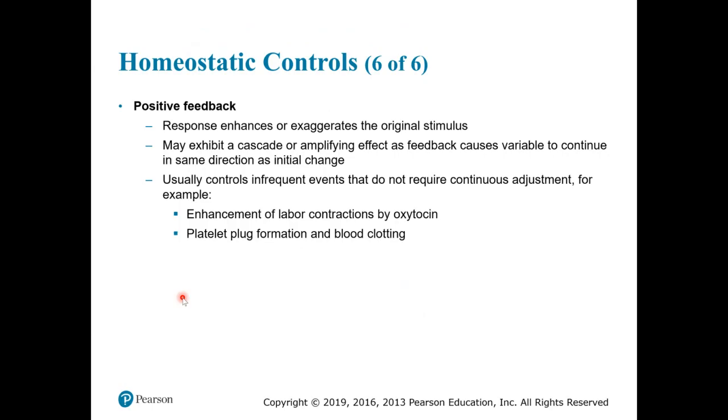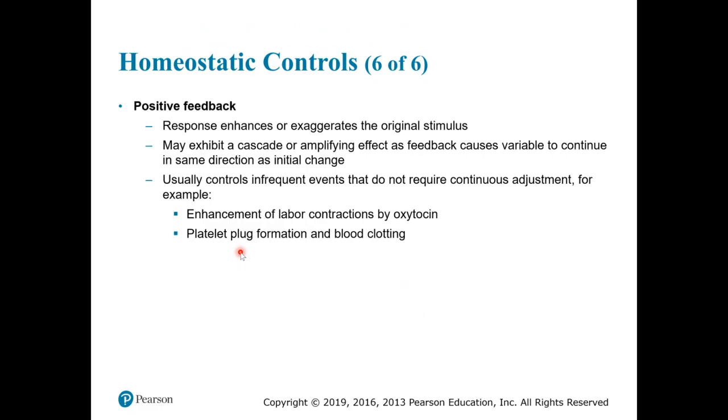Positive feedback is a means to an end. That means it amplifies a series of events until we get where we want to, and then it turns off. So here are a couple of examples. Enhancement of labor contractions by oxytocin.